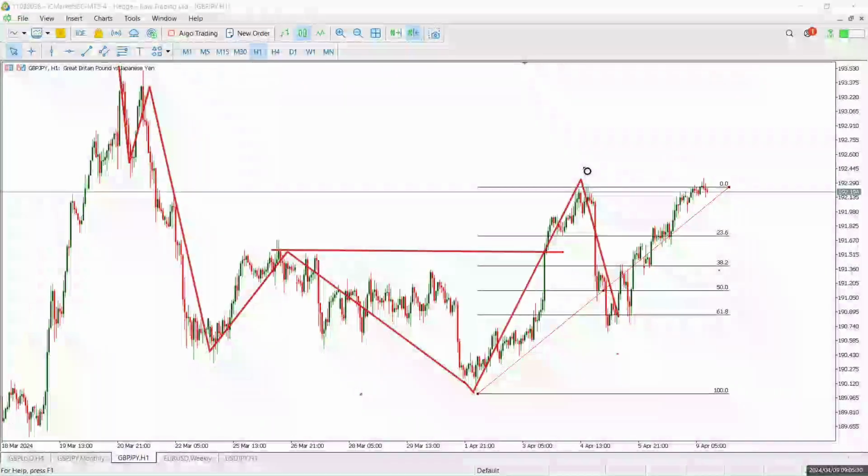It's even clear, sorry, to like the 30 minutes. It's even clear on the 1 hour, but we are going to read the structures that brought price to 61.8, and we are going to buy at the break of the small structure that brought price to 61.8, and we're going to put our stop loss below the break of that structure. Okay, while our take profit is still at the top point.